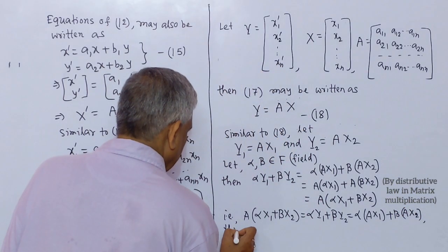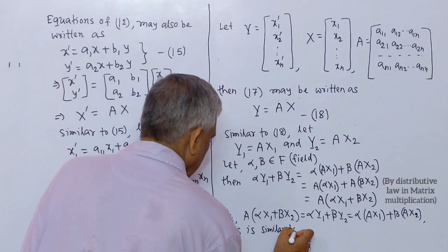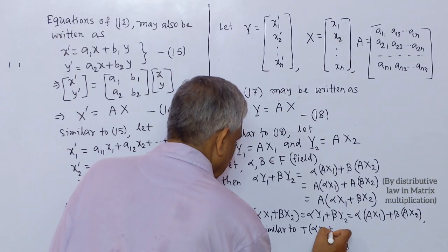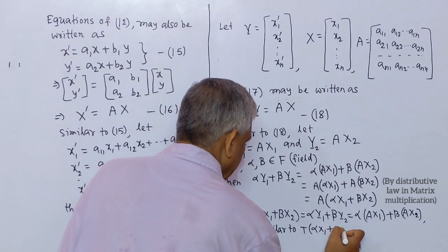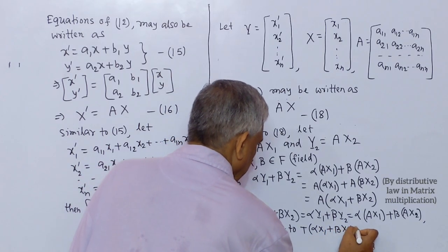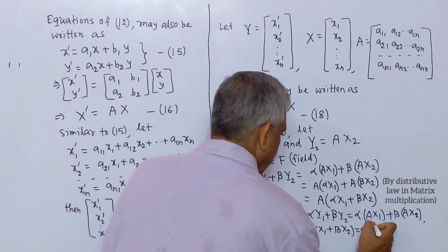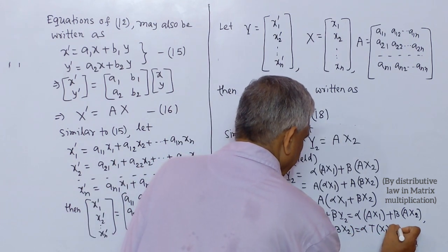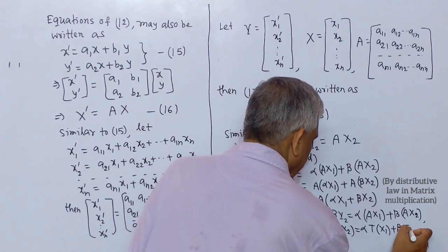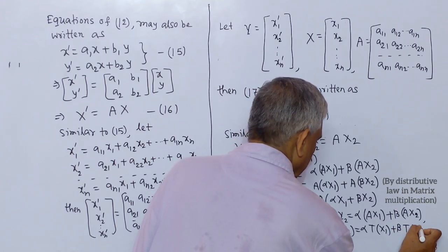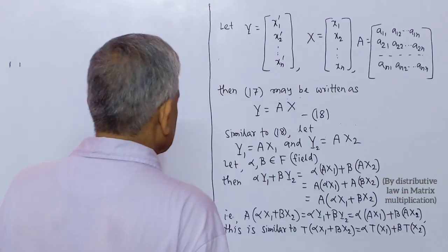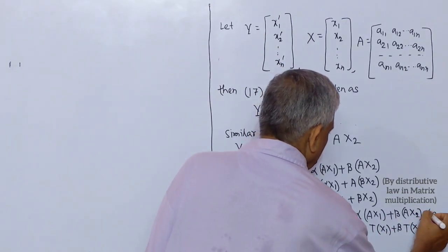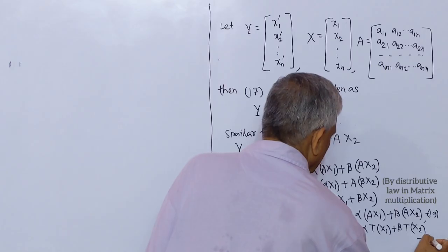This is similar to T alpha x1 plus beta x2 equal to alpha T x1 plus beta T x2. This is 19 and this is 20.